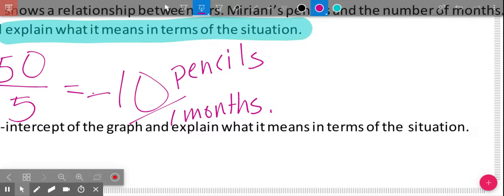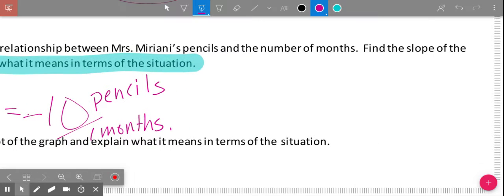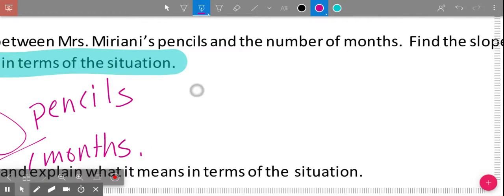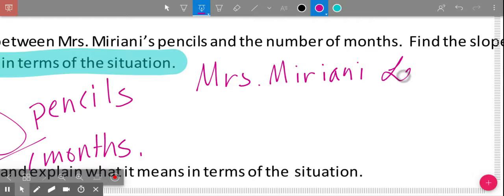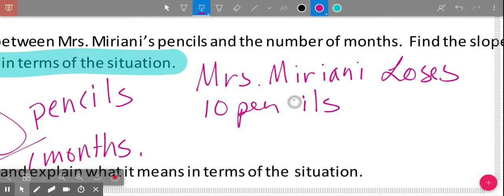Now I can go through and actually write a sentence. So negative 10 pencils. Well, in this situation, if I have negative 10 pencils, I am losing 10 pencils. So Mrs. Mariani loses. Now, is she really losing them? Probably not, but that's okay. Loses 10 pencils every 1 month.